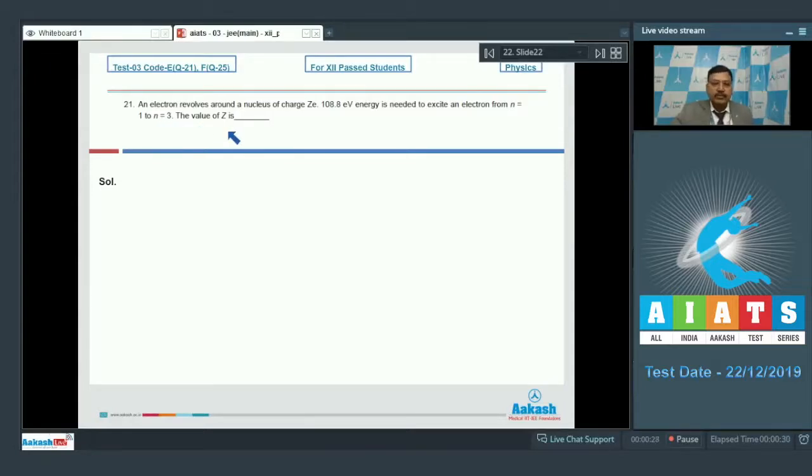Well, the question is obviously from the topic atoms, the Bohr model of atoms, and let's write the expression for energy required to excite an electron from n equal to 1 to n equal to 3 in terms of Z. The expression would be, the energy E is 13.6 electron volt into Z square into, well, the transition is happening from n equal to 1 to n equal to 3, so it's 1 by 1 or simply 1 minus 1 by 3 square.